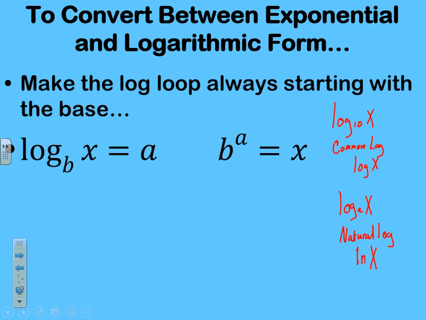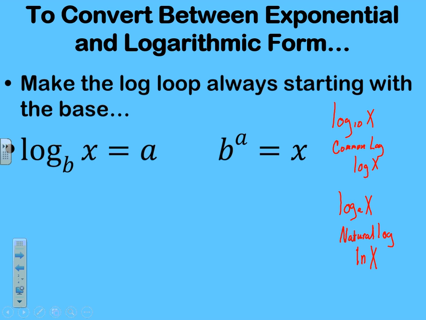So if you don't like seeing ln of x, you could always rewrite it as log base e of x, because when we start doing more work with logarithms, you will see ln of x a lot more than you'll see log base e, but they're the same thing. So these are the two types of logs that we're going to be looking at.